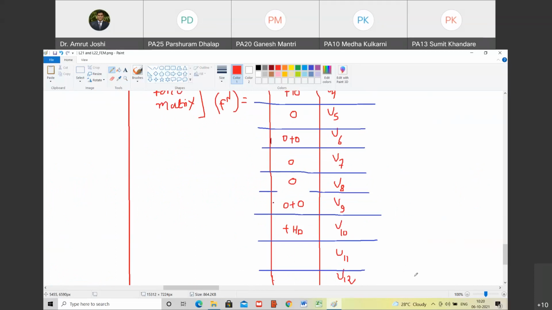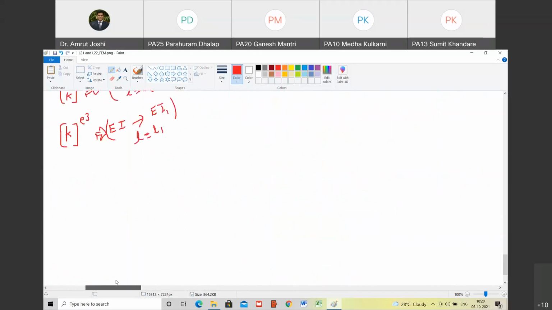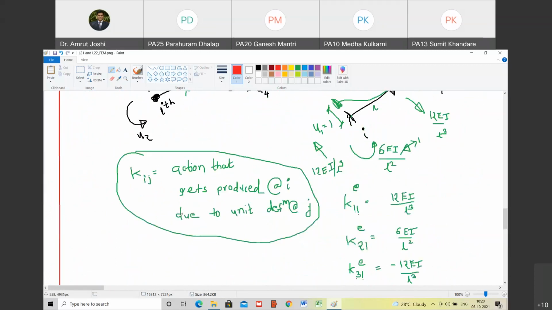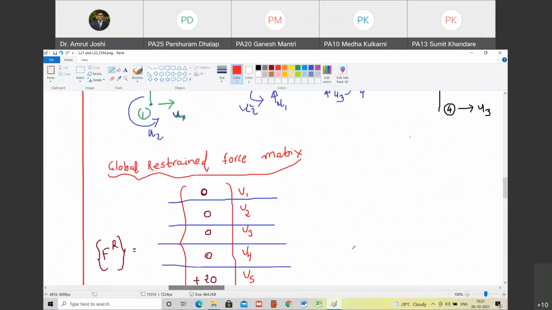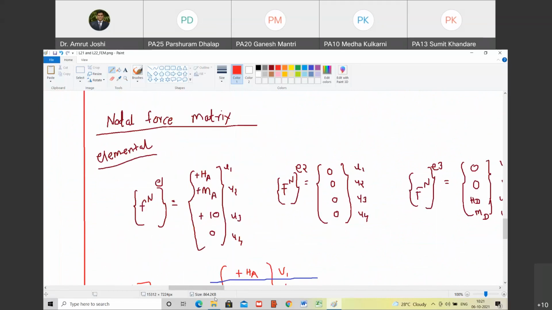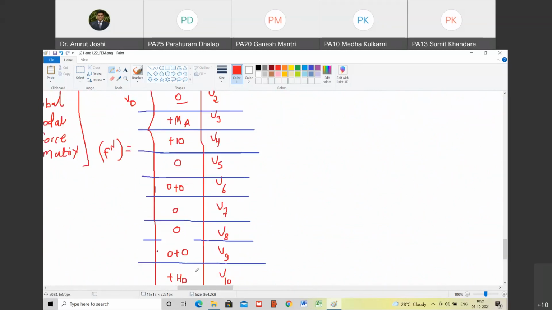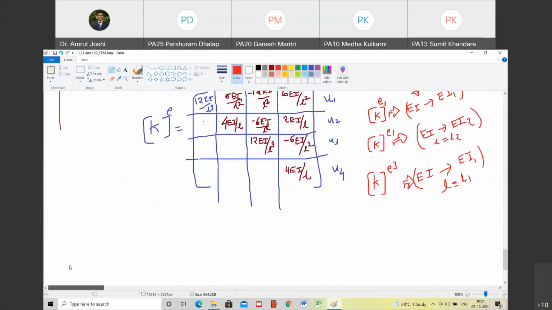Yes, sir. Okay. Now U11 and U12 quickly. So let us have a look at U11. U11 is 0, and U12 is a part of third element, fourth degree, that is MD. U11 is 0 but actually it is VD. Do you agree with me? Look, what is U11?